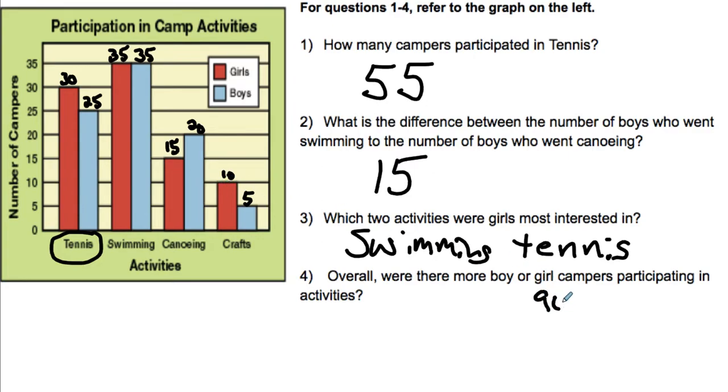Okay, so the girl campers are 90, and the boy campers, 25 plus 35, that's 60, plus 20, that's 80, plus 5 is 85. All right, so it was close, but there are more of the girls participating in activities. There we go.